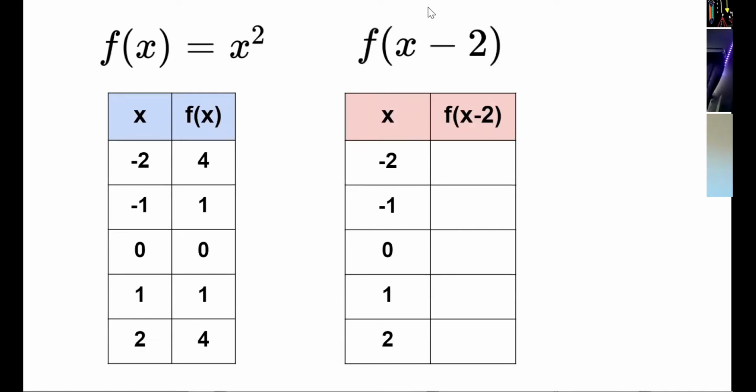Notice here that our f of x, or now our new f of x minus 2, is written this way. Okay, so let me go ahead and write my f of x minus h, where my h in this instance equals positive 2. Notice that in our function notation here, our h already has that negative sign.